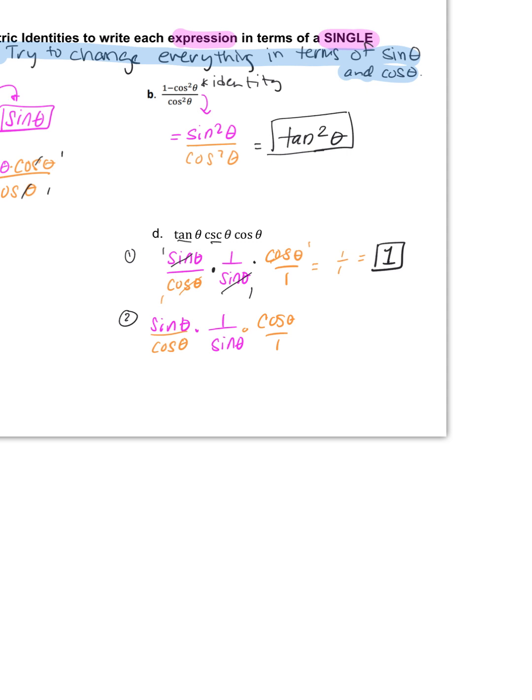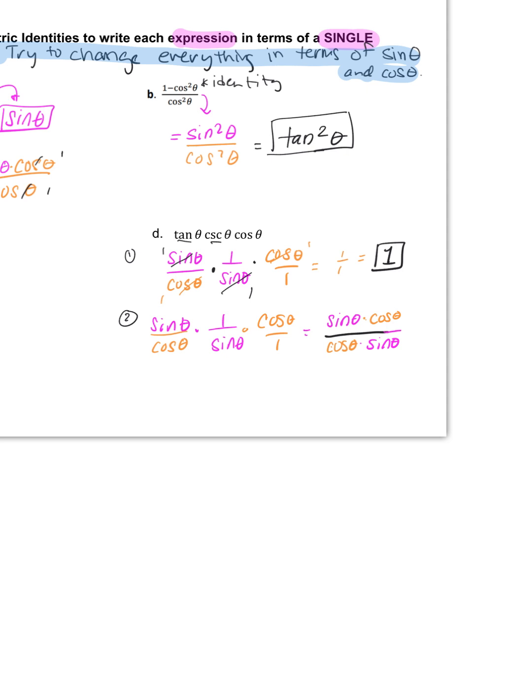If you're the one that prefers to multiply across the top and bottom so that you have a single fraction, then you would get sine theta over this, times cosine theta. I didn't put the 1 in there because sine times 1 is sine, times cosine is that. And then the bottom we have cosine theta times sine theta. Different ways you can look at this.